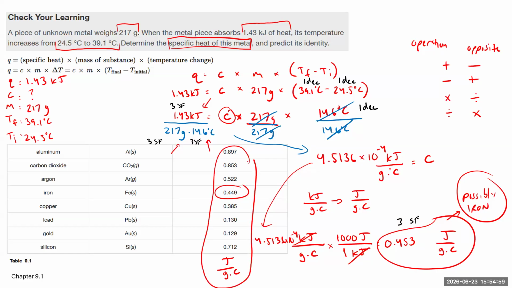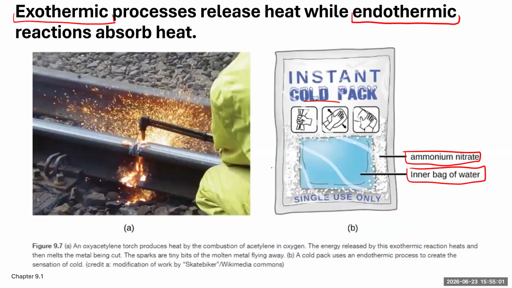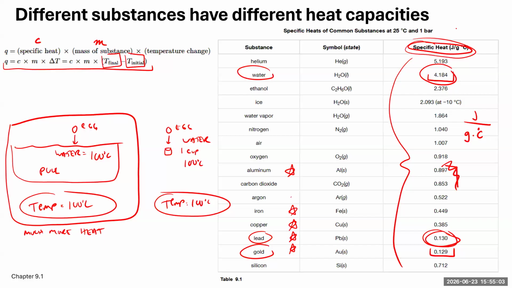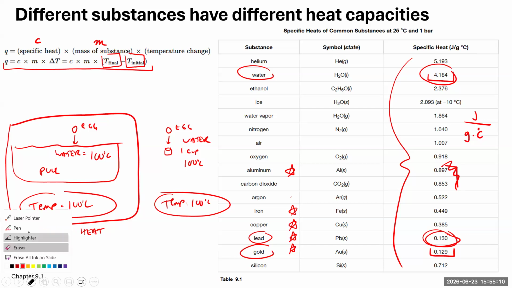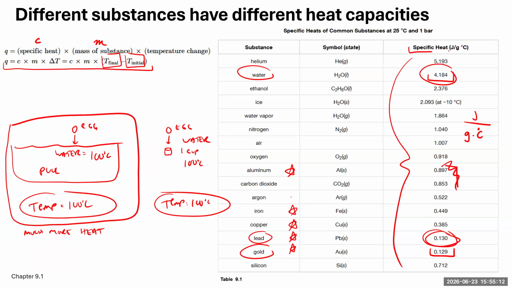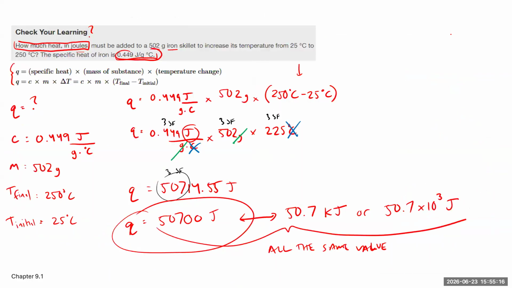Joules per gram. That's why we needed to change, because we needed joules instead of kilojoules. That's it. If you have questions, let me know in class, and I'll catch you later.